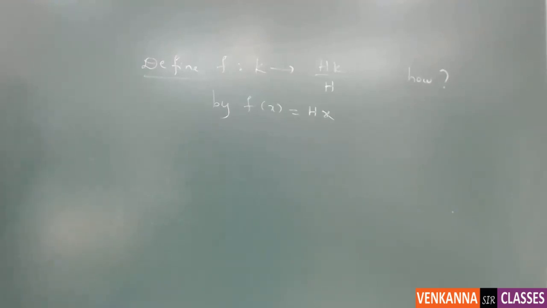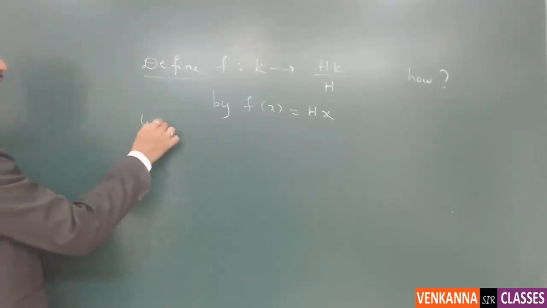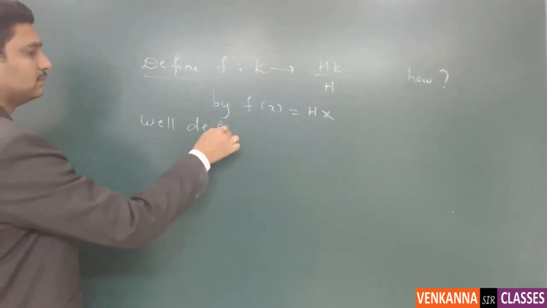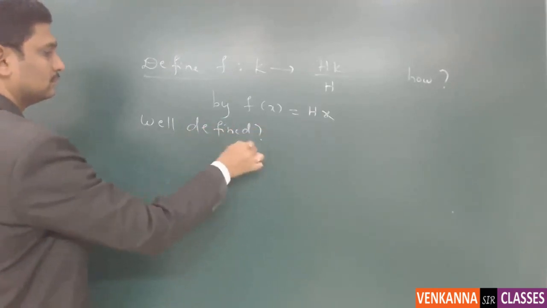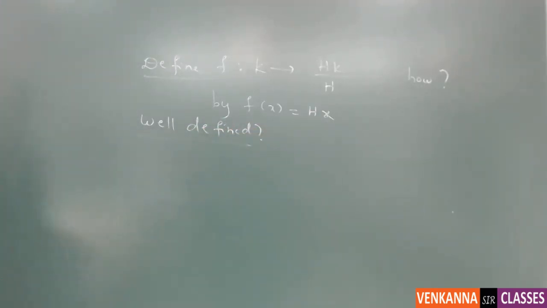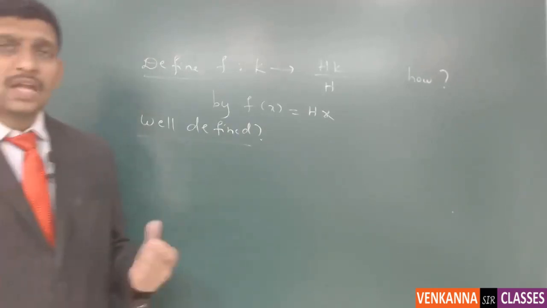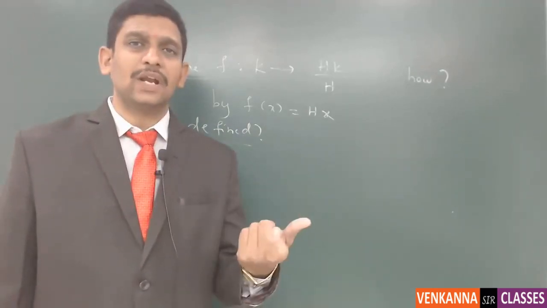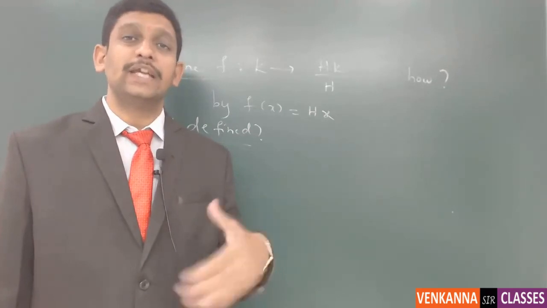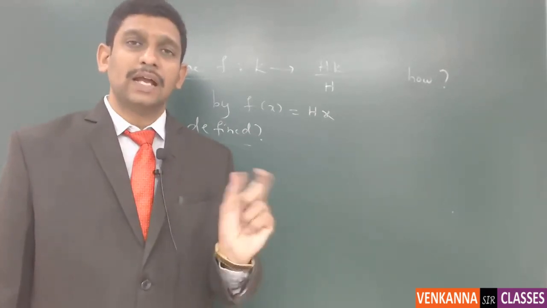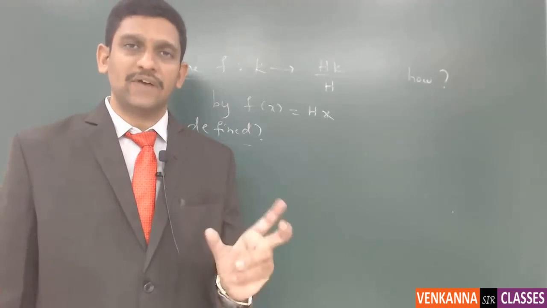Right. Now, is it well defined? Well defined in the sense that whenever elements are equal, the corresponding images are also equal. That type of situation we call well defined.